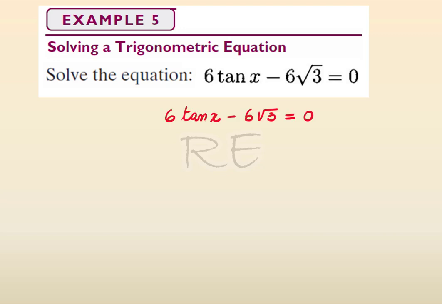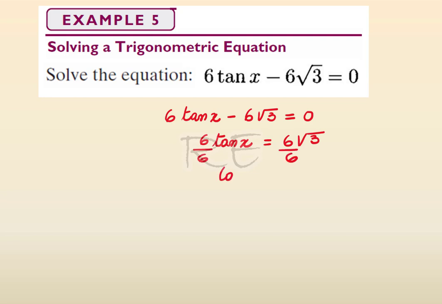Solve the equation 6 tangent x minus 6 square root of 3 is equal to 0. Adding 6 square root of 3 to both sides, 6 tangent x is equal to 6 square root of 3.